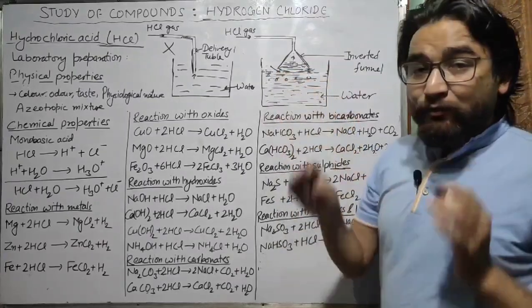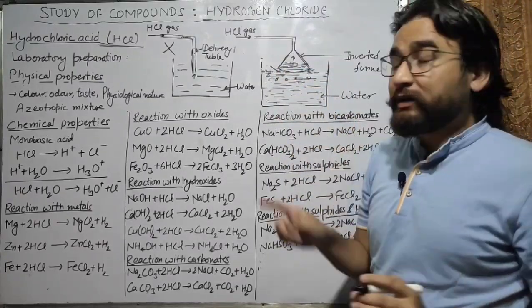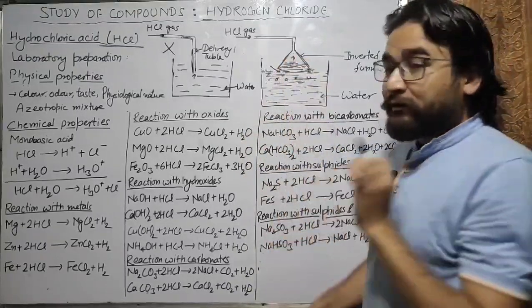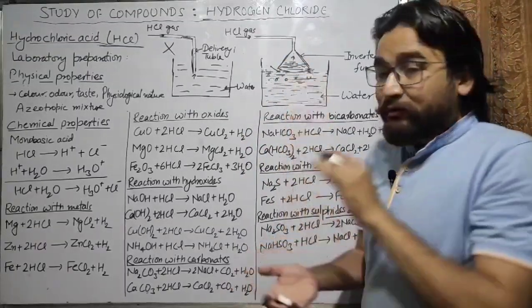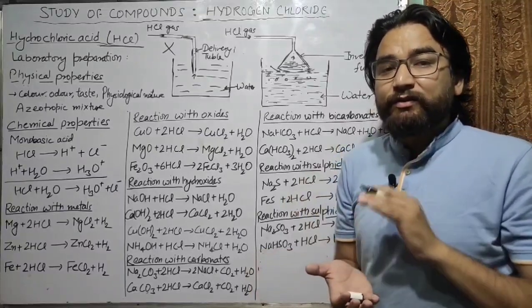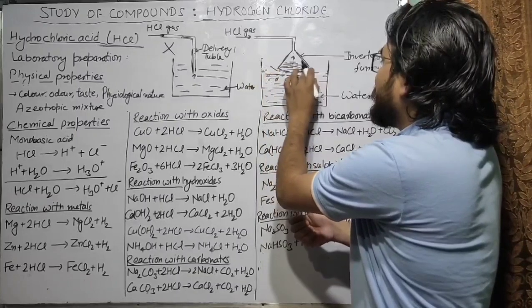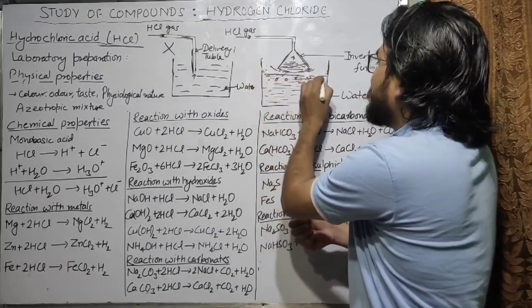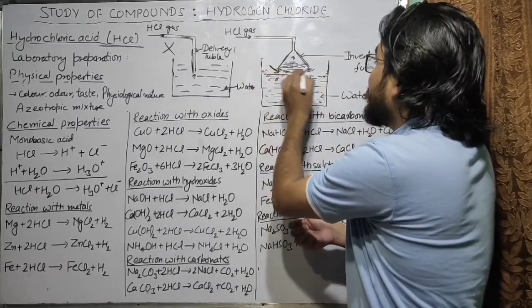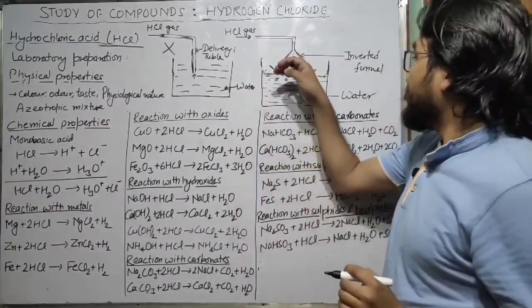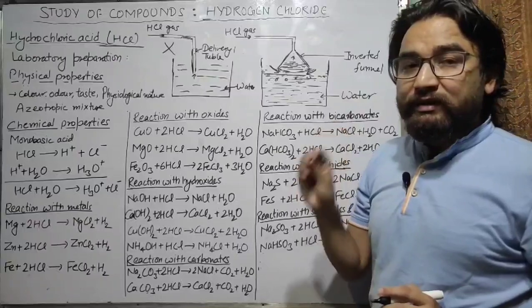So you can see when the back suction takes place, the water will move upwards in the funnel, and because the funnel was just touching the surface of water, the water level in the container will fall down. You can see here there will be an air gap between the surface of water and the water present in the funnel.